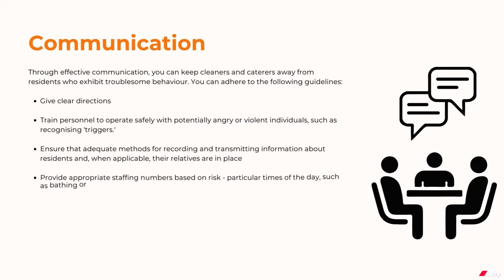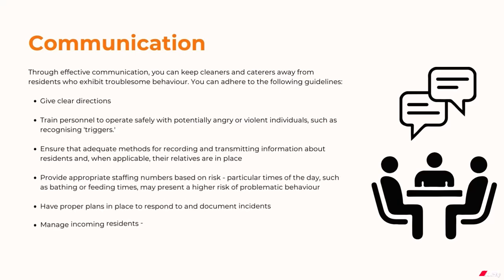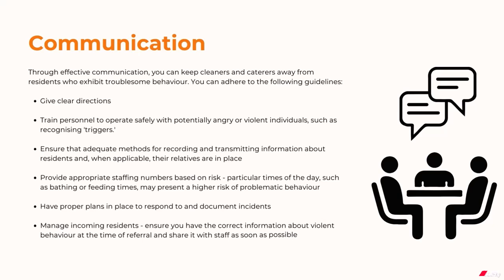Through effective communication, you can keep cleaners and caterers away from residents who exhibit troublesome behavior. You can adhere to the following guidelines. Give clear directions. Train personnel to operate safely with potentially angry or violent individuals, such as recognizing triggers.